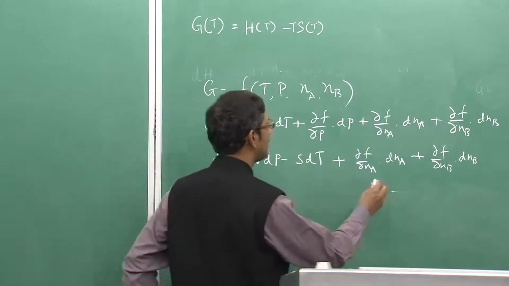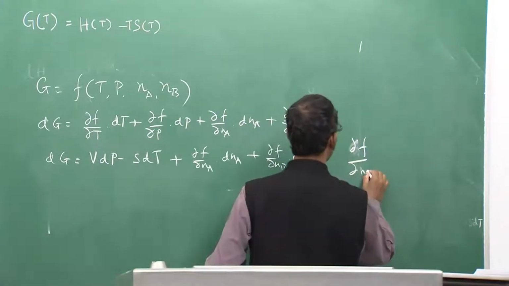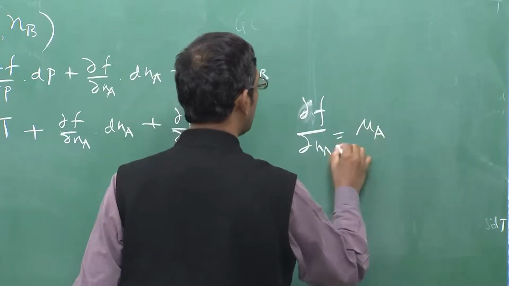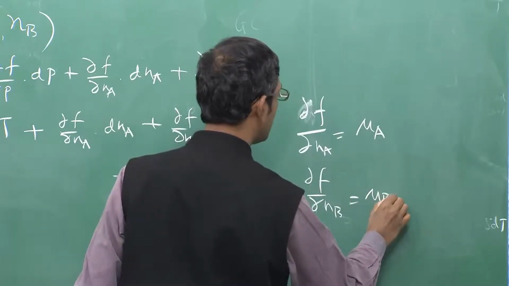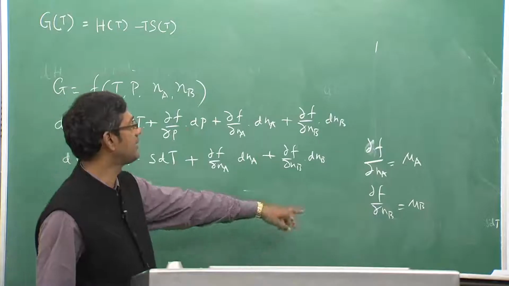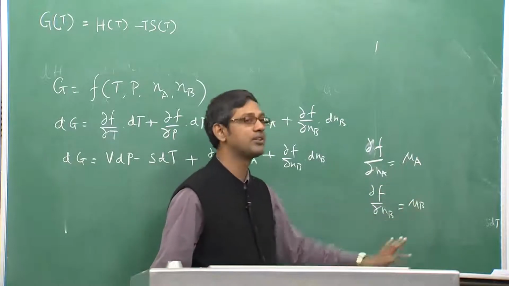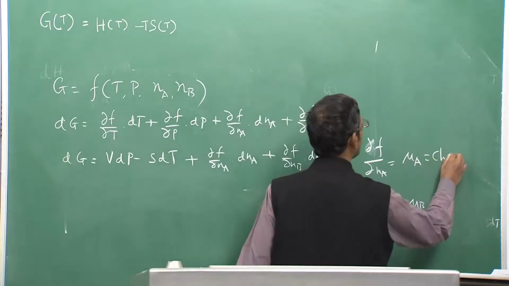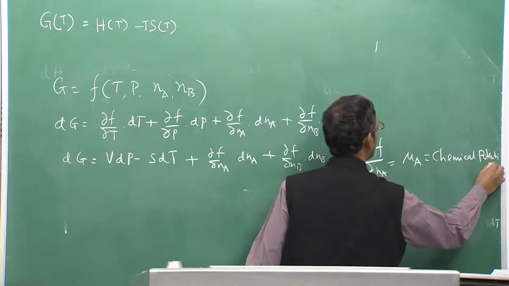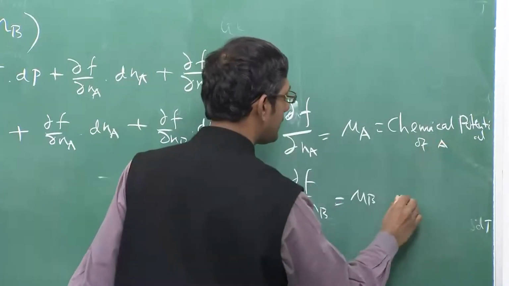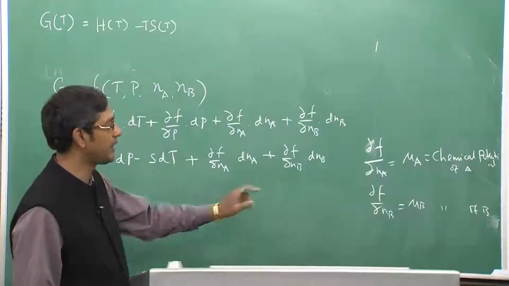I define del G by del NA equal to mu A. Similarly del G by del NB equal to mu B. So this quantity defines the chemical potential of A, and this quantity defines the chemical potential of B. You can define these terms this way.